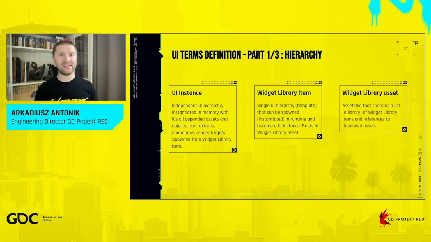And the last term is widget library asset. That is an asset or file that contains a list, a library of widget library items and all references to dependent assets. So simply, it is a file that contains any number of UI templates plus information about all dependencies to other assets in the engine.